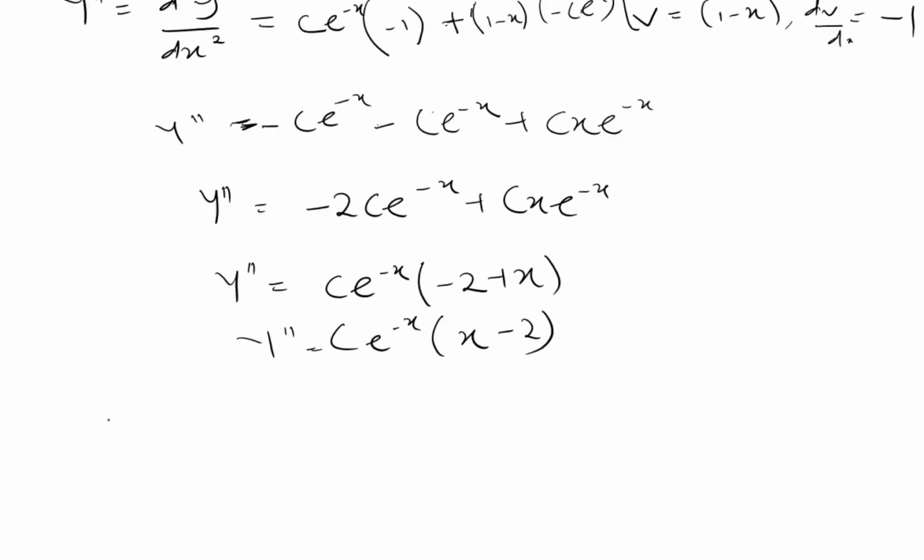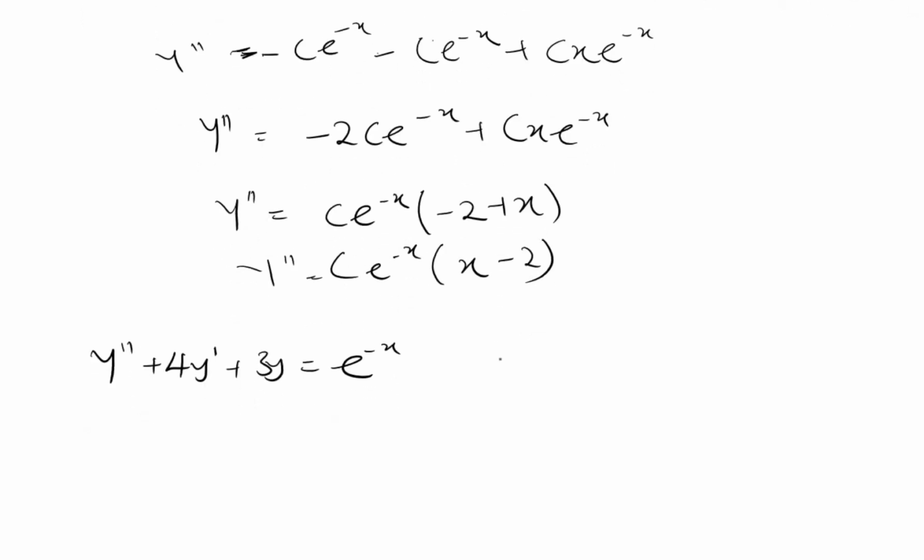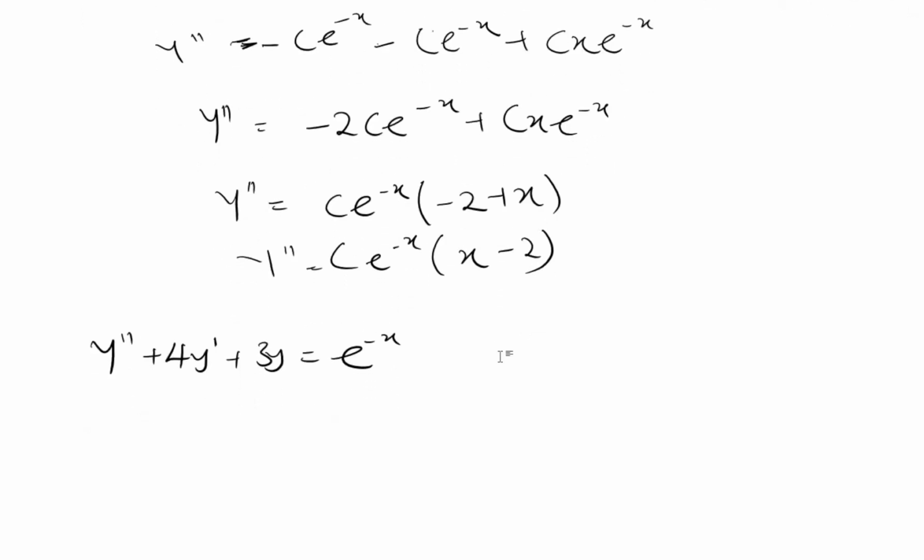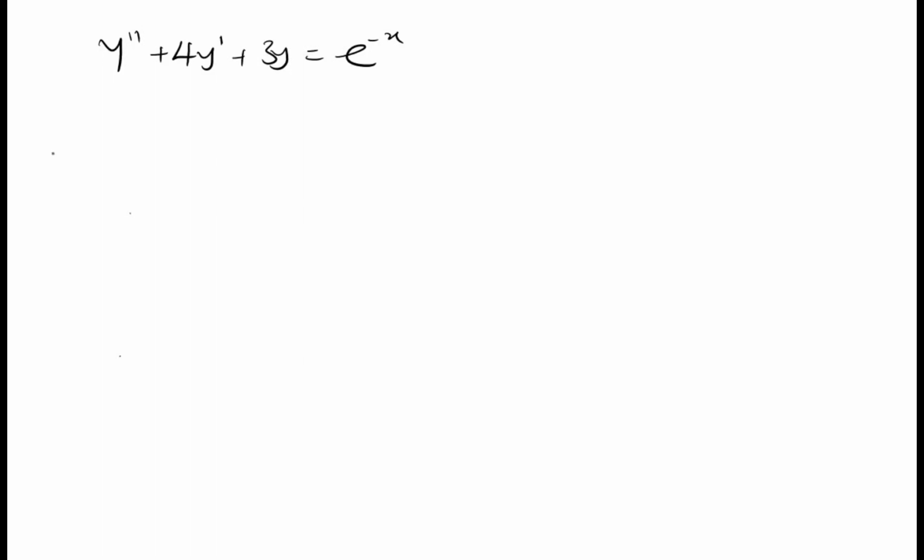So writing my equation, y prime prime plus 4y prime plus 3y is equal to exponential of minus x. That's from the question. This is the equation I'm given. So I'm going to write it on the basis of the right hand side of the equation. Now what's y prime prime?